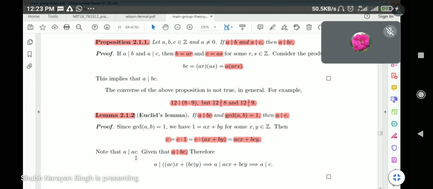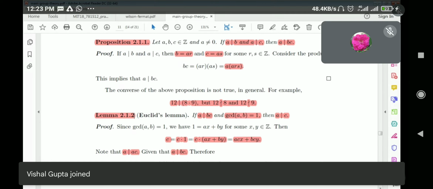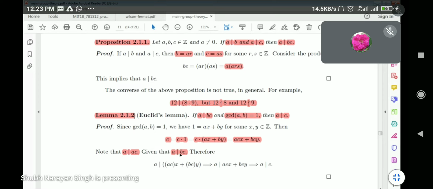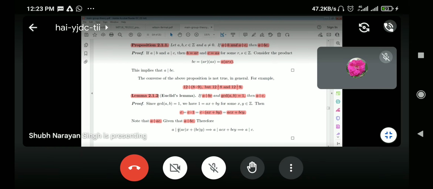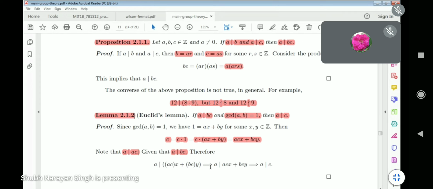And another information we have, A divides AC, because you can easily see that A divides AC, because AC has one factor A. So A divides AC, then A also divides ACx, and A divides BC, then A also divides BCy. So A divides the sum of these two. That's why I write A divides ACx plus BCy.